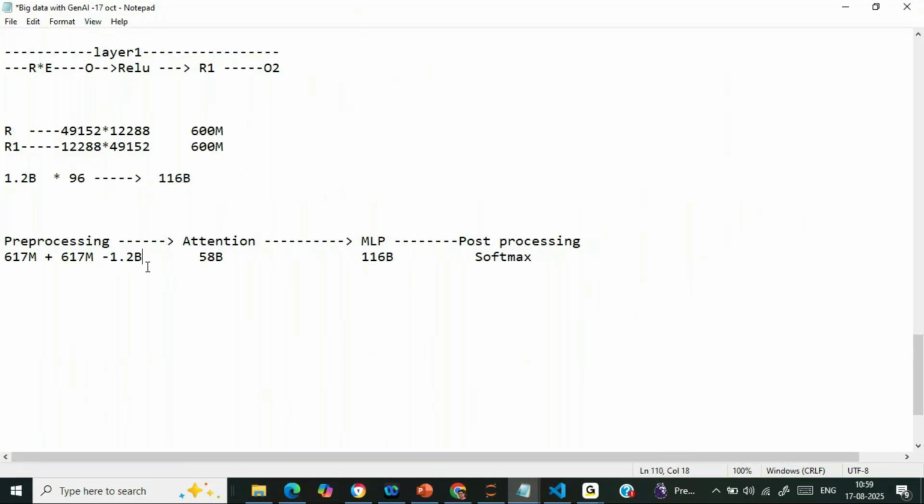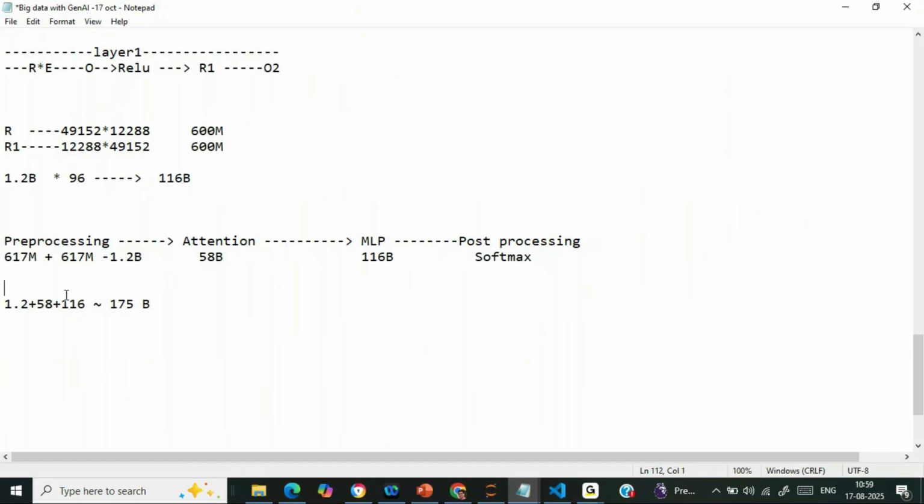billion. So 1.2 billion, 58 billion, and 116 billion. So it will be roughly around 175 billion parameters.